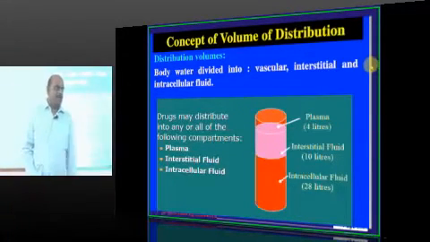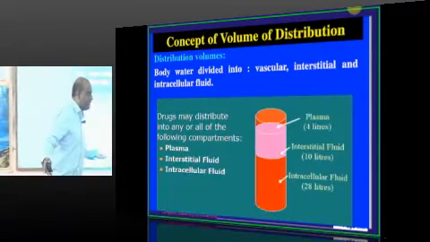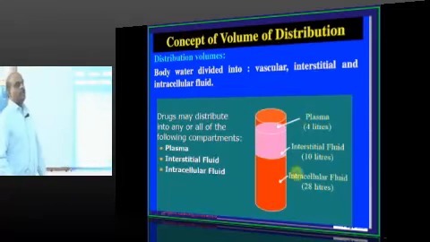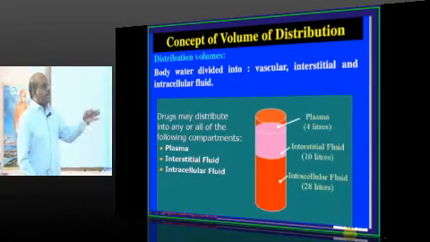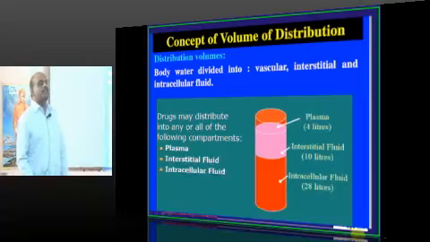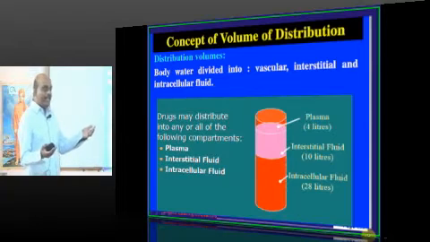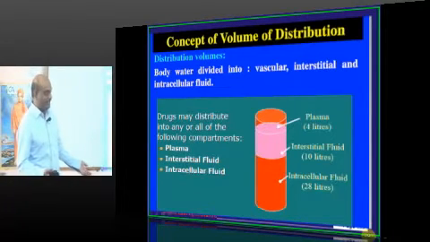So now let us have another look. I am saying it is distributing from plasma; let us look at where it is distributing from. If you look at our body, doctor, 60% of our body weight is water. That means for a 70 kg individual it is 42 kgs, 42 liters. 1 kg is equal to 1 liter for water.